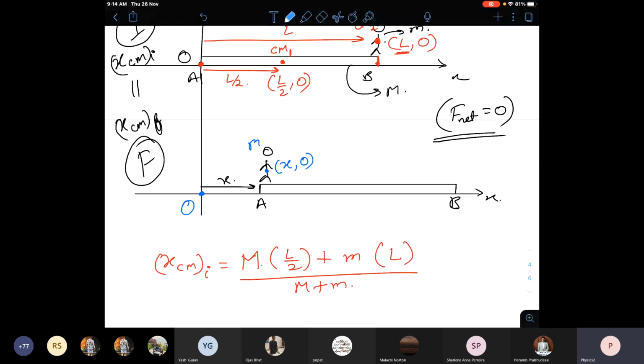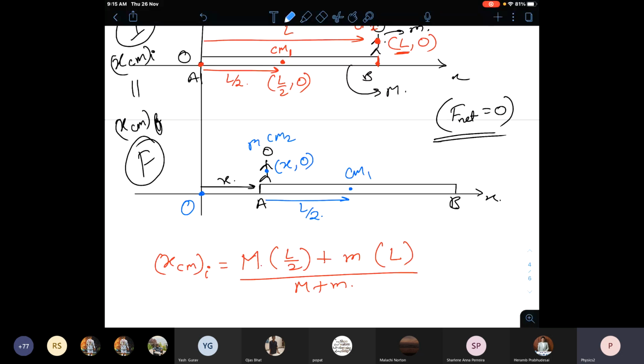Earlier it was L comma 0, now it is x comma 0. The center of mass of the plank will still be at the midpoint of the plank. So this length is how much? This length is L by 2. Let's write this as cm2 only. This is cm1.